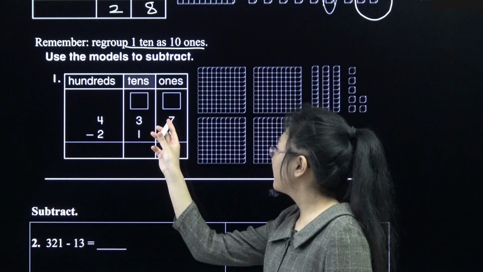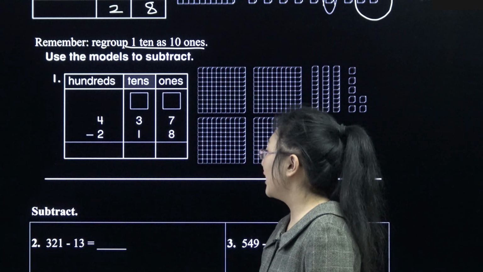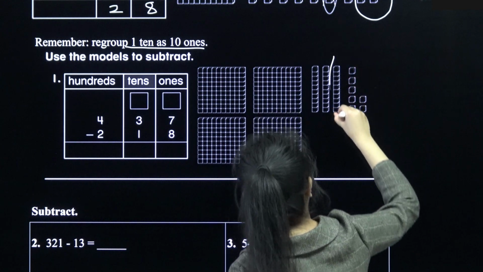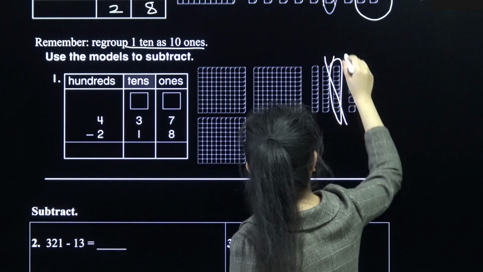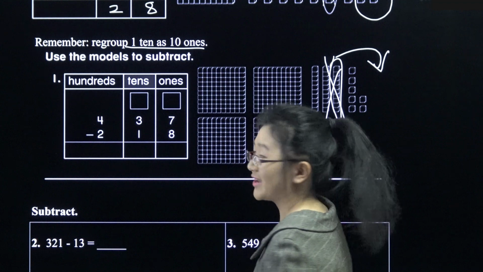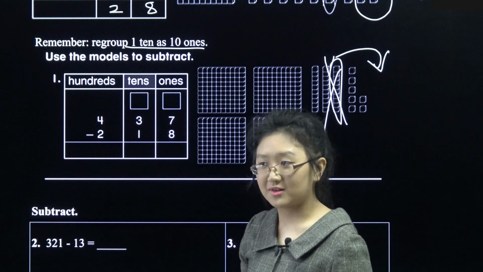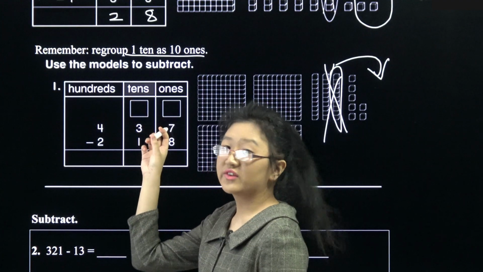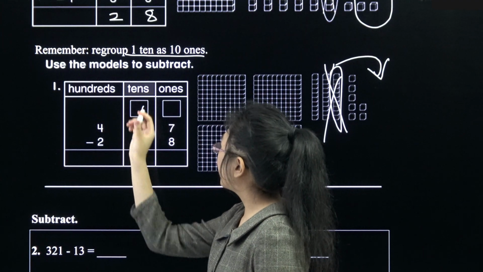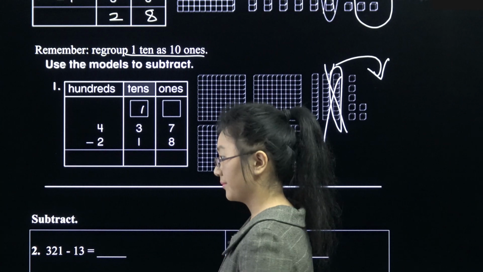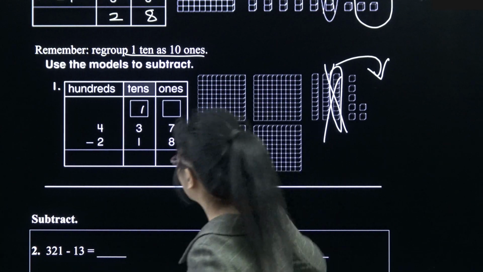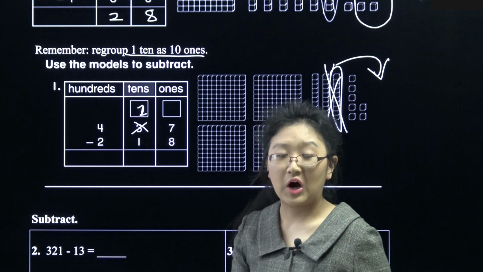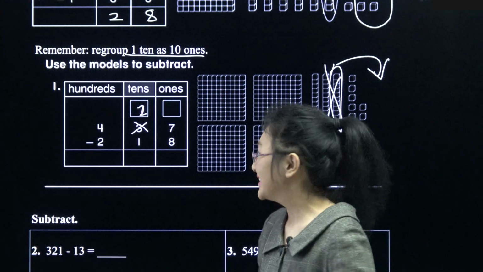Now over here we have 7 ones minus 8 ones. That's not going to work. Then we borrow. And this makes 10. I'm not going to draw 10 squares because that's just, well, tedious. So now this is 17. And we put a 1 over here to signify that we took out 1. Okay, some people might like to cross it out and then write 2 up here, but honestly, most people don't.